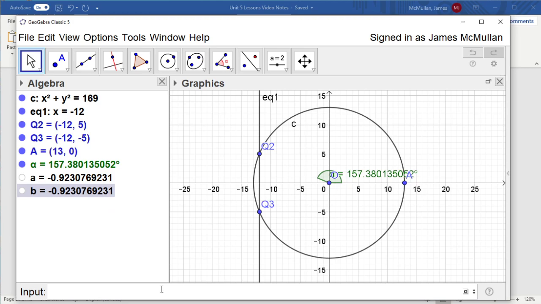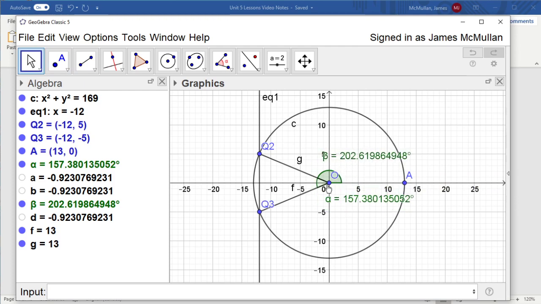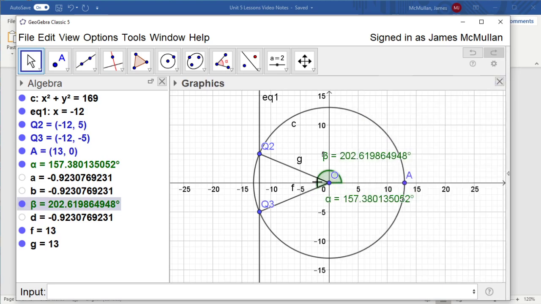Okay. Now what if I take the angle from A to O to Q3, and then I take the cos of that number? Again, it is the answer I want. So there are two answers. There's an answer in quadrant 3, and there's an answer in quadrant 2. Both of these would fulfill the conditions. Sorry, this one should go beneath, this one should go above. And let's change the color of this one just so that you have some chance of telling them apart.